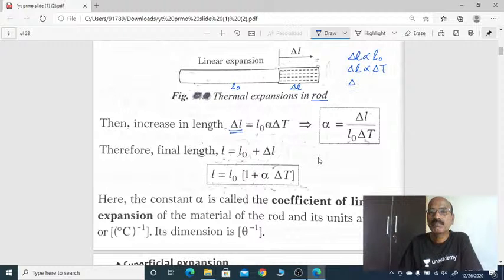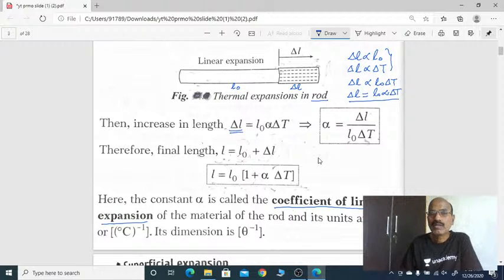Combine both: increase in length is directly proportional to L0 into rise in temperature. When you make this proportionality an equality, we need to write a constant. So L0 alpha delta T, where alpha is the coefficient of linear expansion.